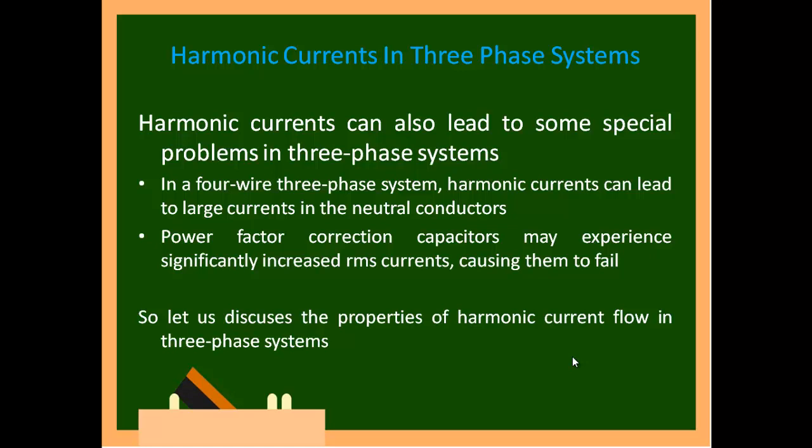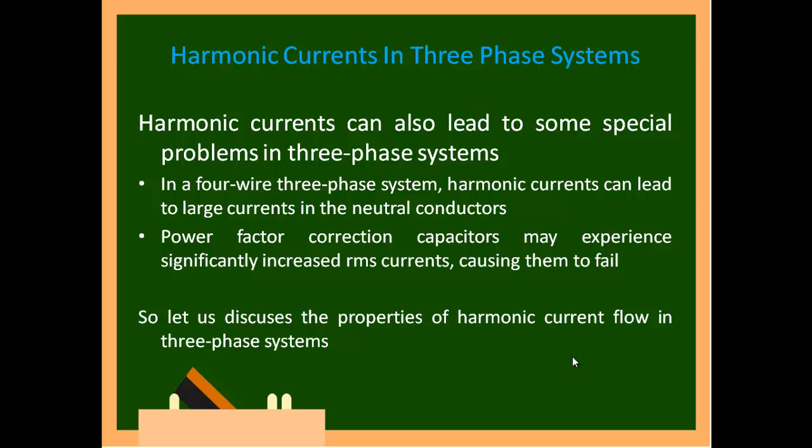Neutral current should be 0, but if there is some neutral current, then we can identify that harmonics are there. In your house, to check, just put a tong tester on the neutral. I think you all know what a tong tester is. It is used to measure current. If you put this tong tester on the neutral and current is flowing, then that is due to the harmonics.